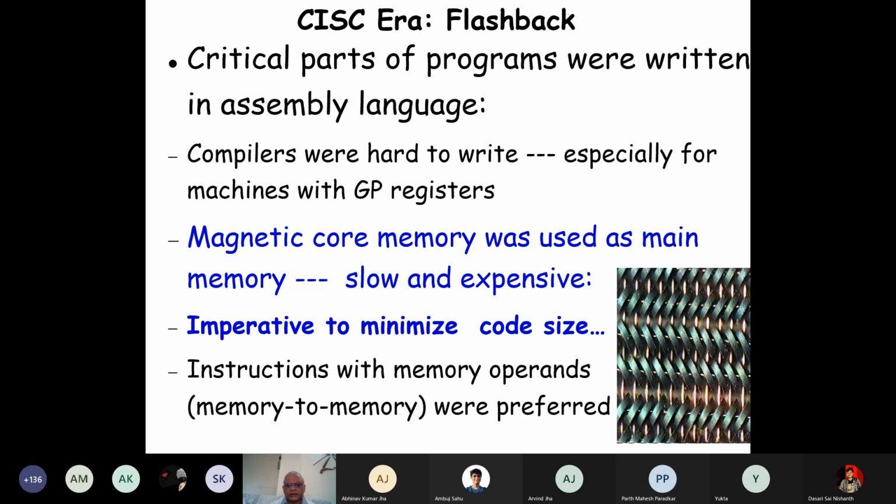And this becomes expensive and slow because you have to change the magnetic orientation of each element that you store. The writing was extremely slow, even reading was very slow. So this was the main memory used. There was no semiconductor memory.